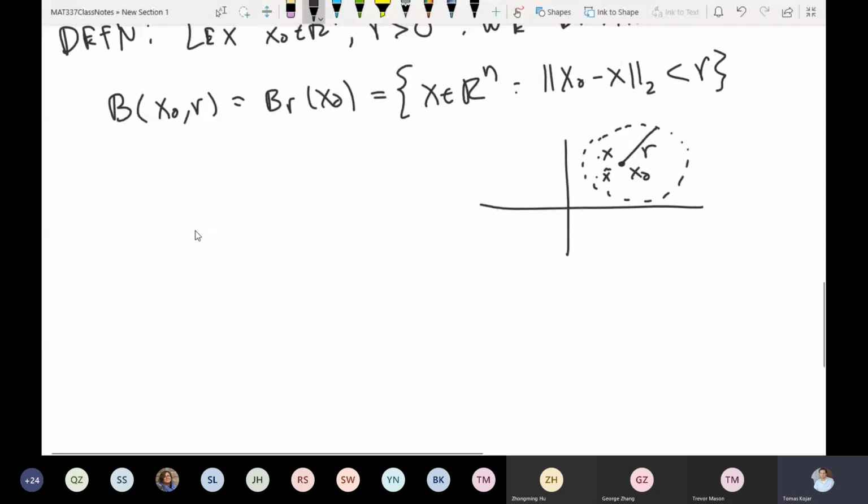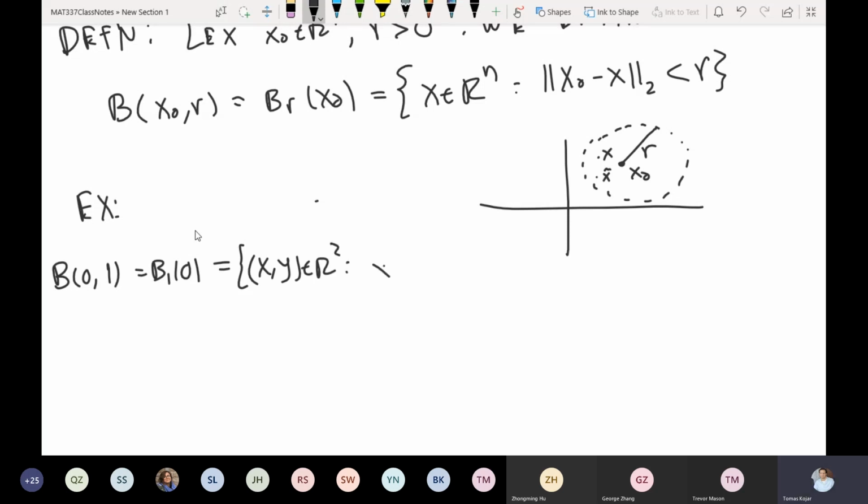So a simple example is just the unit ball, say in R^2. So x comma y in R^2 are all the points satisfying this inequality.